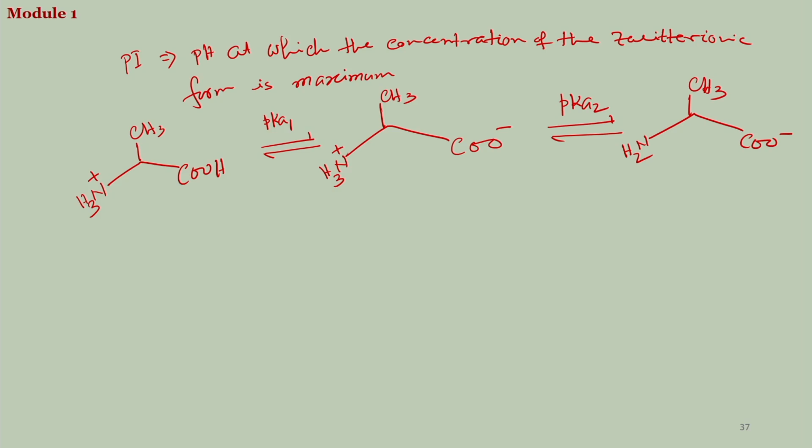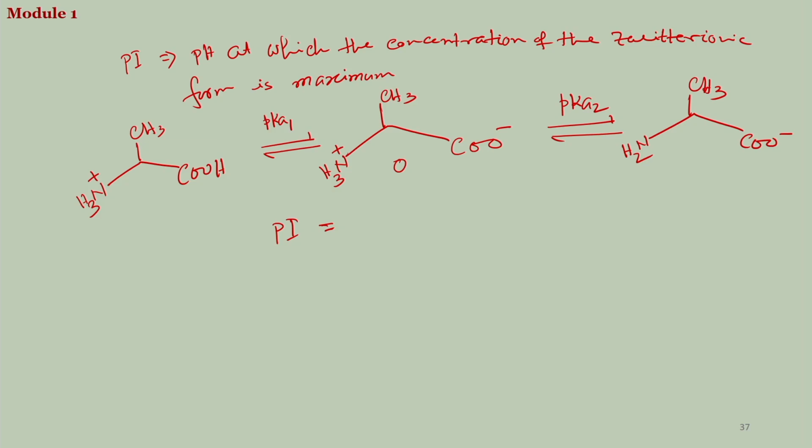Now, if you look at the pKa values of alanine, your value of pI would be the average of the two, because we are basically calculating the concentration of the zwitterion, which has net charge 0, between plus charge and minus charge, and this is involved in both equilibria, this step as well as this step.